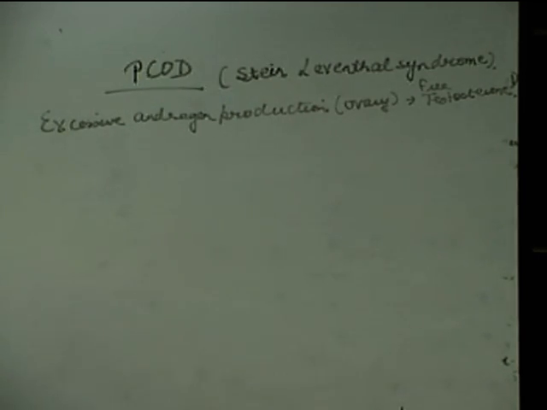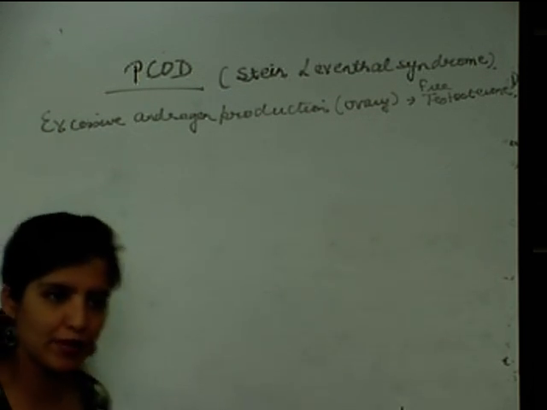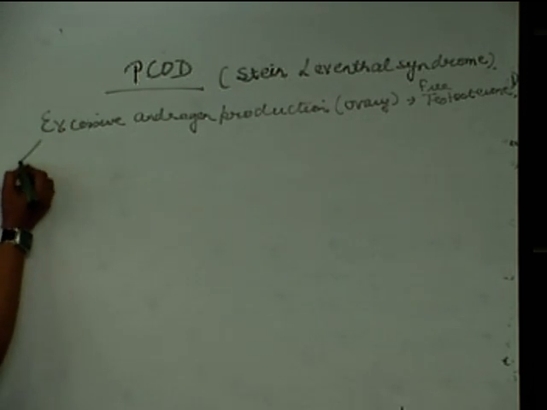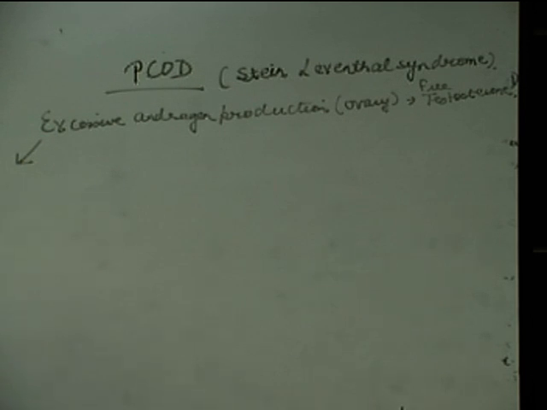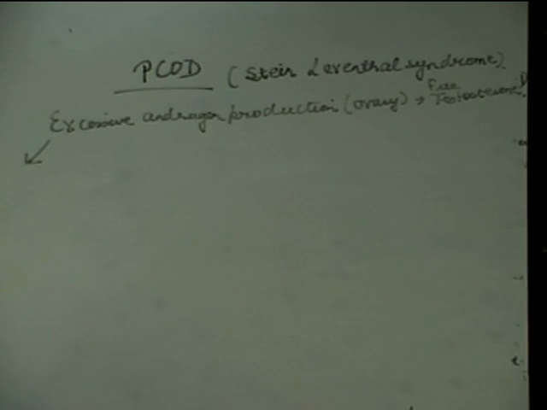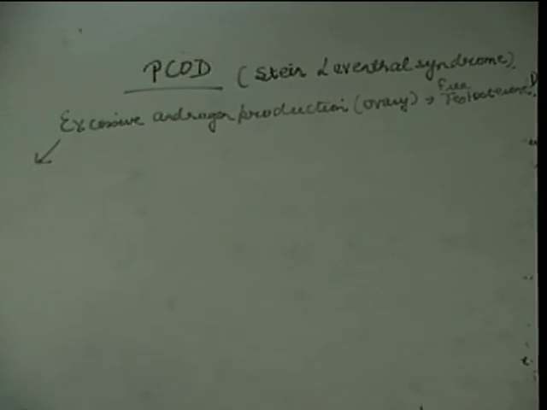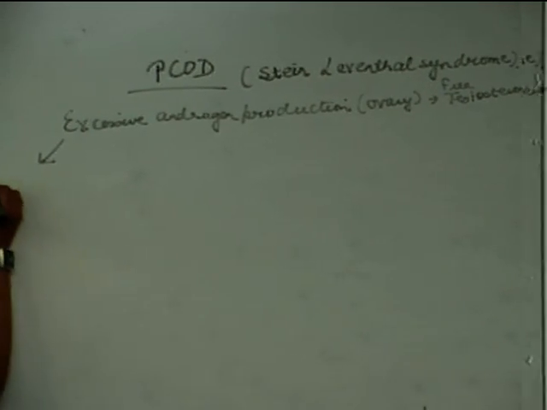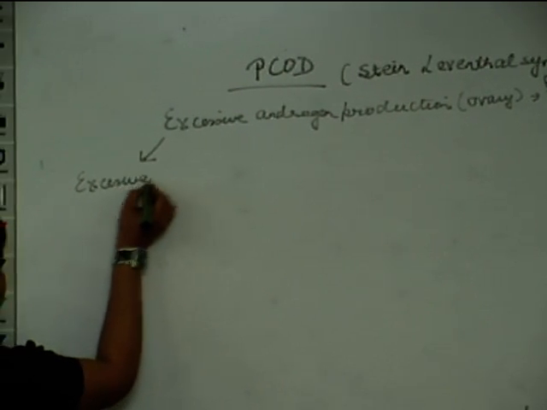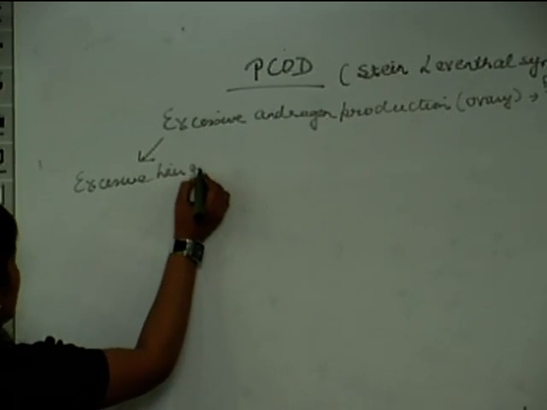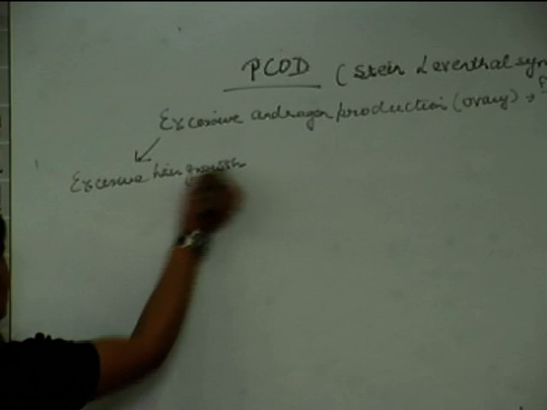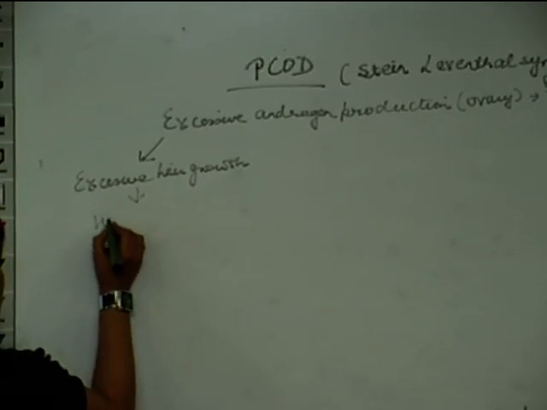Because there is excessive androgen production in a female body, what will happen? Number one, this excessive androgen is going to lead to excessive hair growth in a male hair growth pattern, that is called hirsutism.